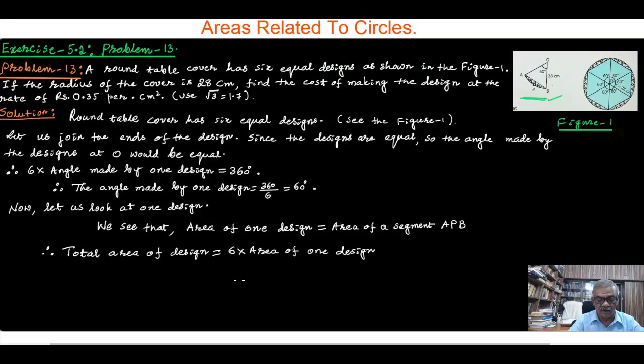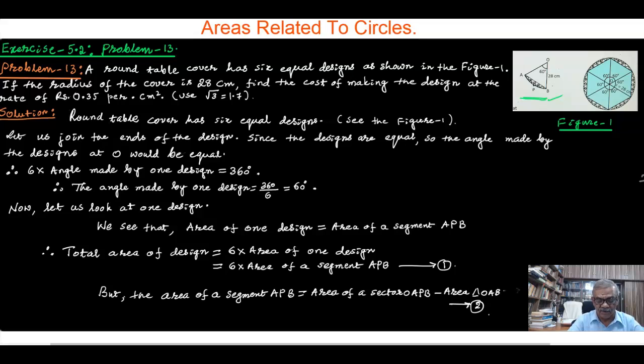Therefore, total area of the design equals 6 into area of one design, that is 6 into area of segment APB. I call it equation number 1. But the area of segment APB equals area of the sector OAPB minus area of the triangle OAB. Let me call it equation number 2.